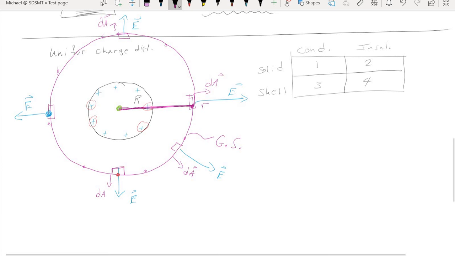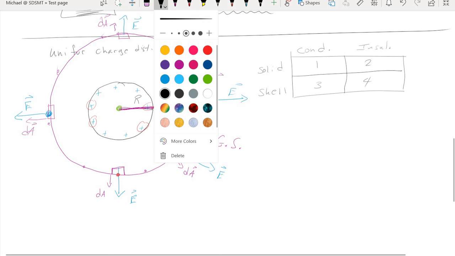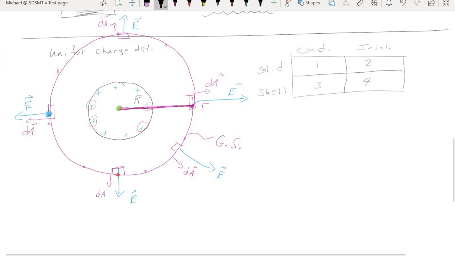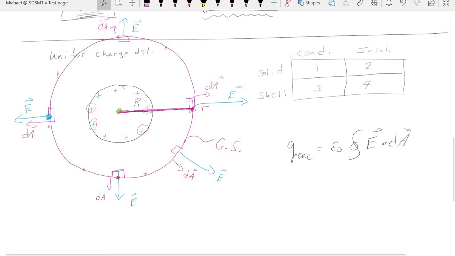So now is where we should start getting a little excited about how Gauss's law is going to work, because when we write out the first step of Gauss's law, Q enclosed equals epsilon naught E dot dA, well, we're expecting the same electric field magnitude at every single point on the surface of our Gaussian surface.